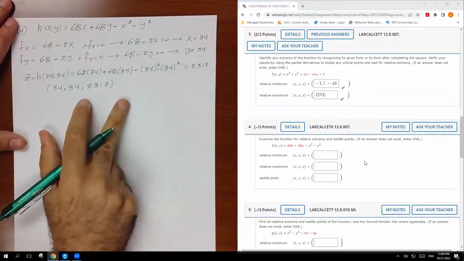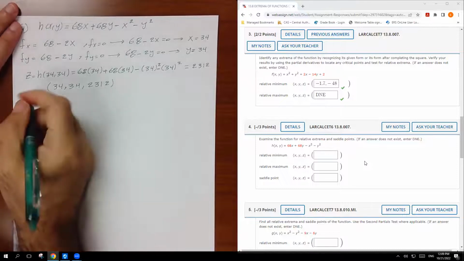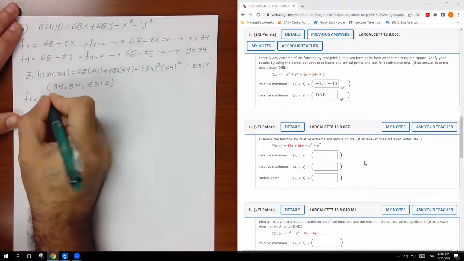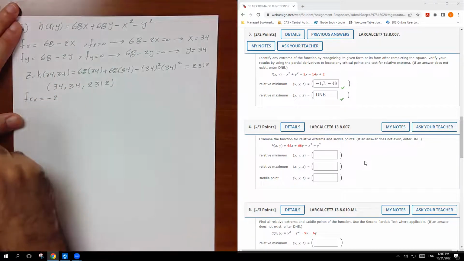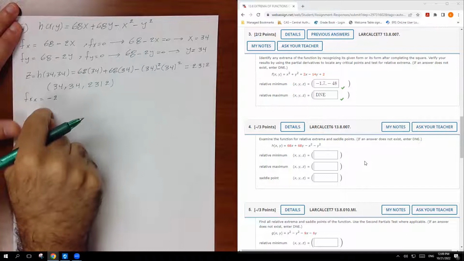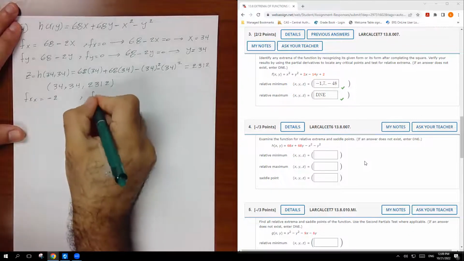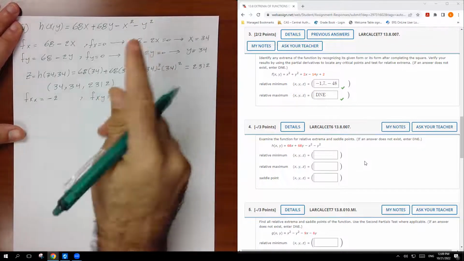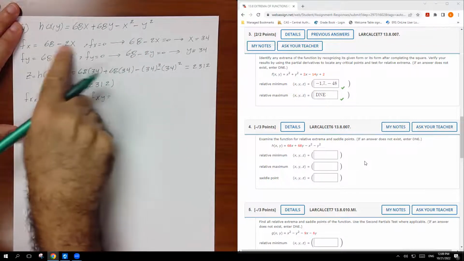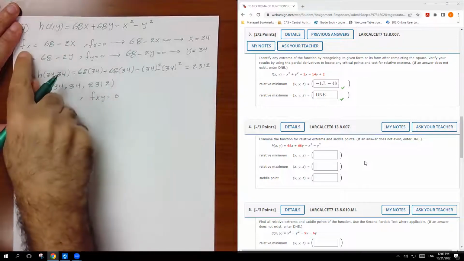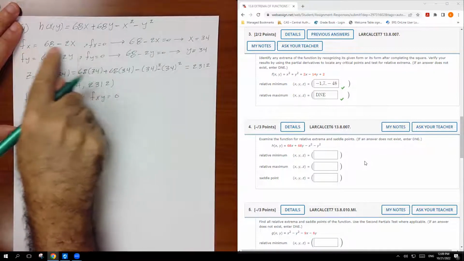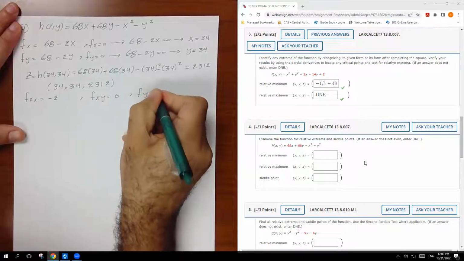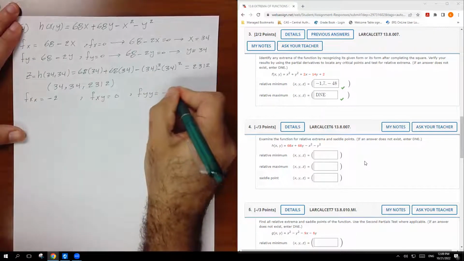Now let's check whether it's a maximum or minimum. f sub xx is -2, which is negative. f sub xy is 0, because the derivative with respect to y of f sub x is 0. f sub yy is -2.